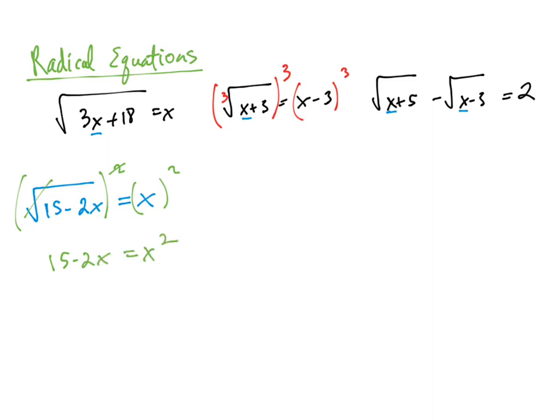Because we have x squared, this is a quadratic equation. To solve a quadratic equation, we're going to set this equal to 0. Add 2x to both sides, subtract 15. This quadratic equation can be factored: x plus 5, x minus 3. So we end up with x being equal to negative 5, or x being equal to 3.